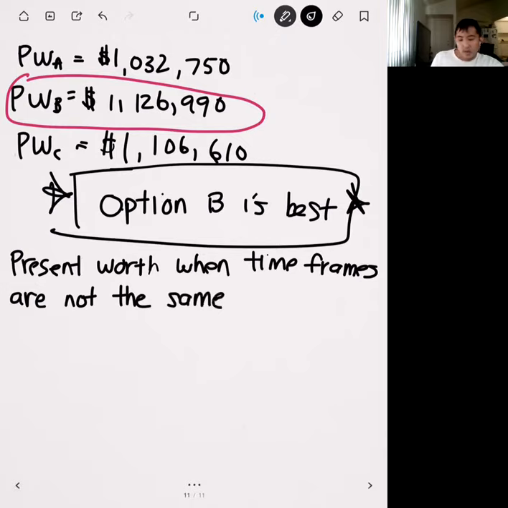Because you're converting everything into a single sum of money in the present day, in order for you to do a fair comparison, you have to compare your options over the same horizon.